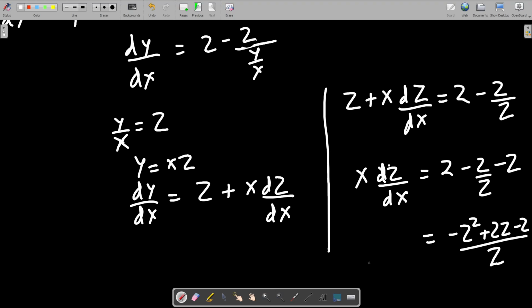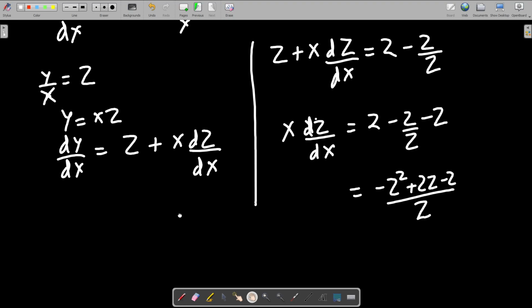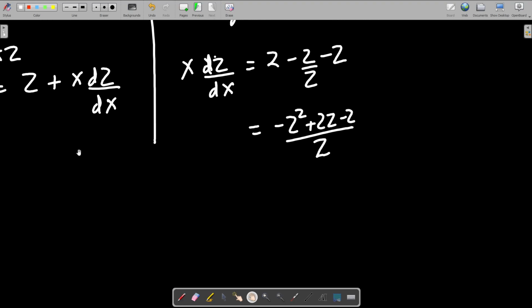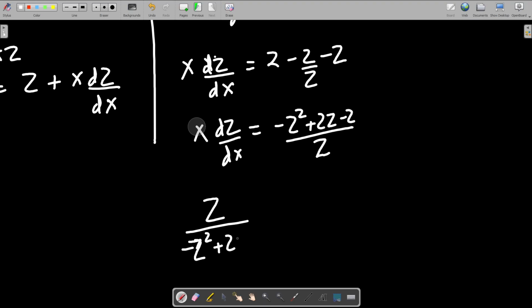Okay, x dz by dx. So take this on the other side, this will become z upon minus z square plus 2z minus 2 equal to dx by x. This minus sign can be adjusted on the other side. We should have left it and gone there only.